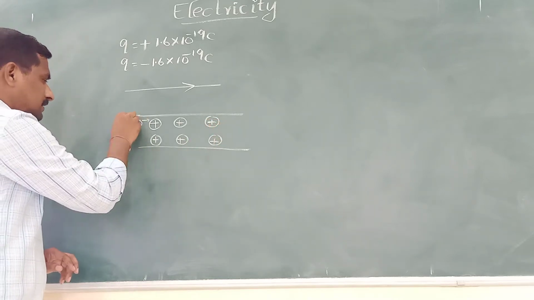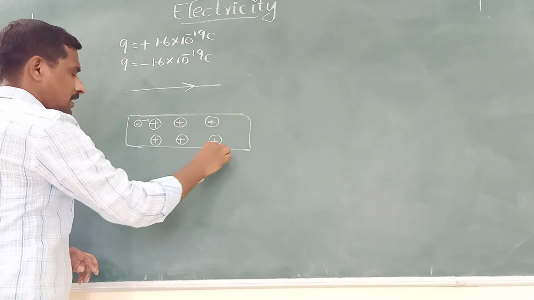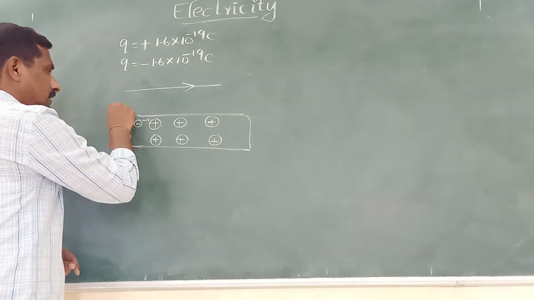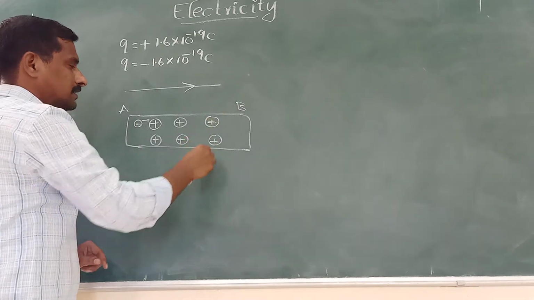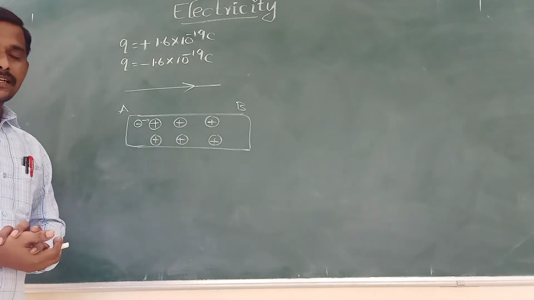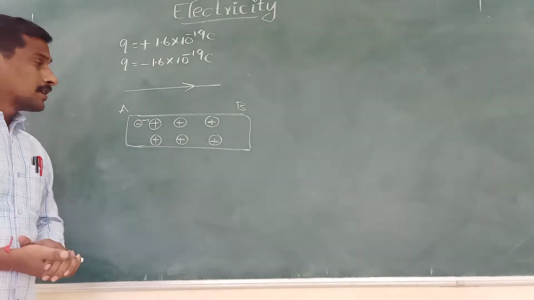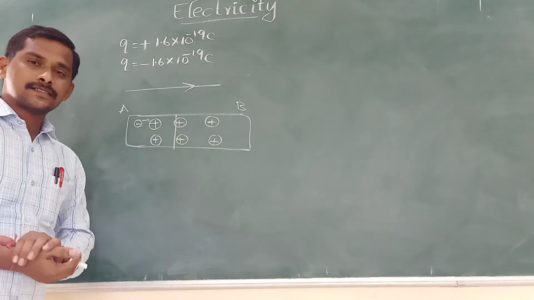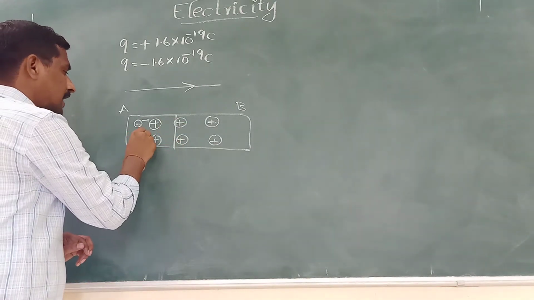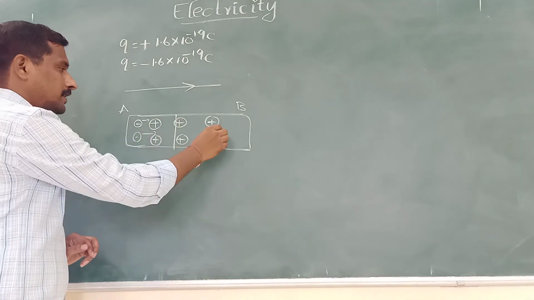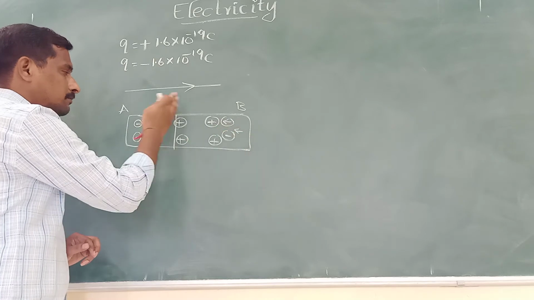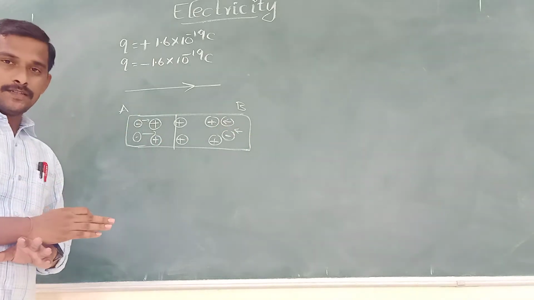Suppose you take this current carrying conductor, and consider part A and part B. It is in an open circuit. If you divide it into two parts, the amount of charge moving from A to B and the amount of charge moving from B to A will be equal.